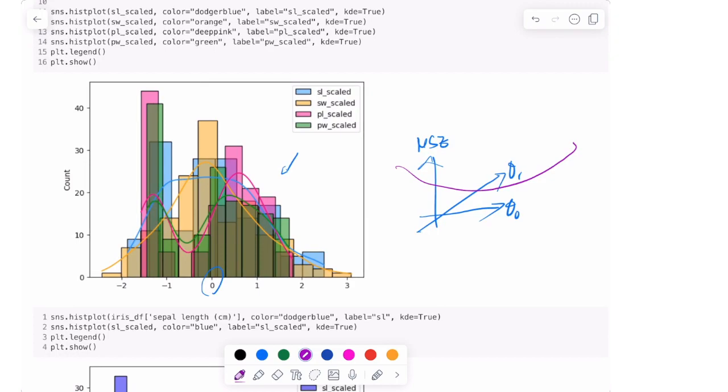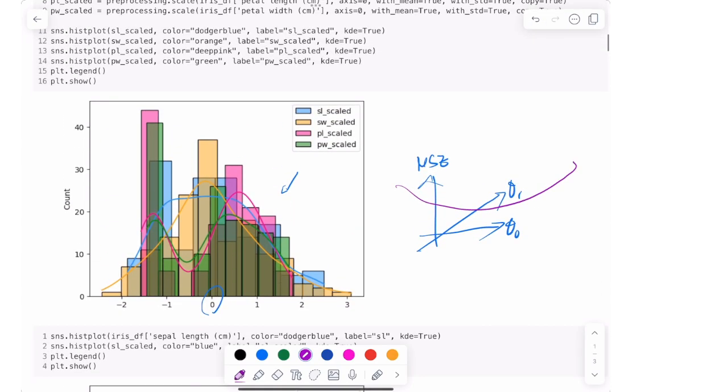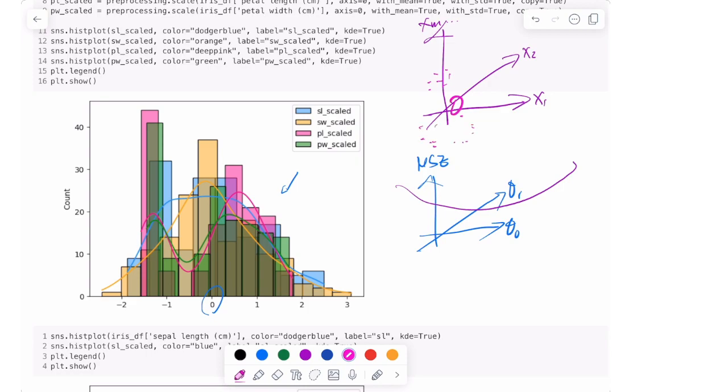Okay, another reason right here is when we want to plot the data in a multi-dimension space. Okay, if you normalize the data, it would become someplace around the 0 point, right? If you do not do so, the data might be somewhere far away from the 0 point, right?